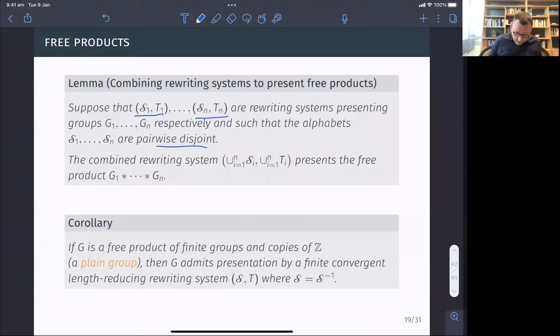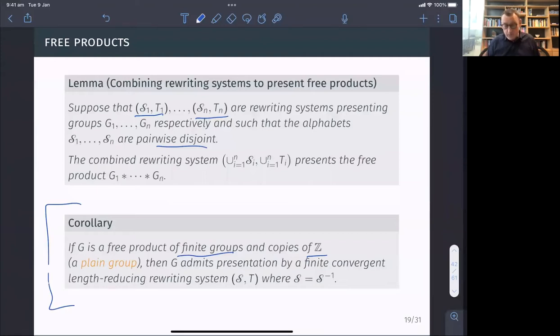So the corollary is that if G is a free product of finite groups and Z, which is the definition of a plane group from the beginning, then G admits a presentation by a finite length reducing convergent rewriting system. So my claim is that this is a very natural way to be given a plane group. I can give you a finite convergent length reducing rewriting system.